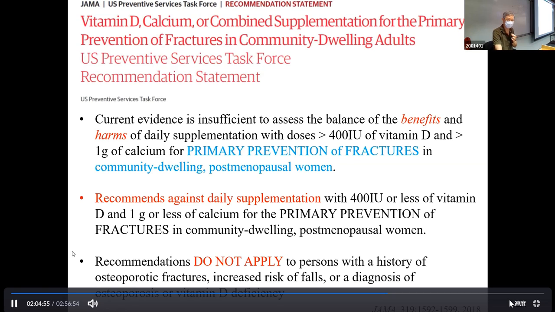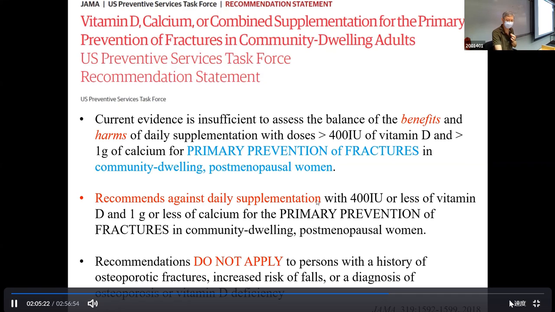I just summarize some bullet points here. Current evidence is insufficient to assess the balance of the benefits and harms of daily supplementation with doses greater than 400 international unit of vitamin D and greater than 1 gram of calcium for primary prevention of fractures in community dwelling postmenopausal women.